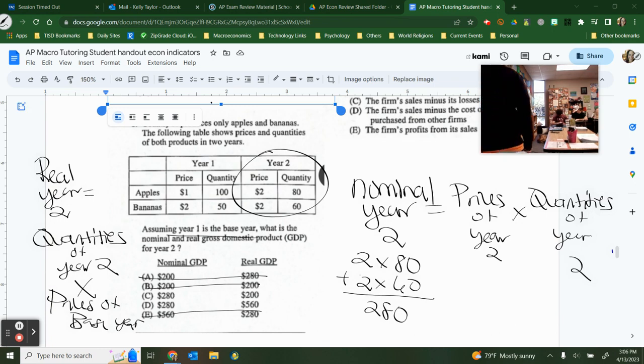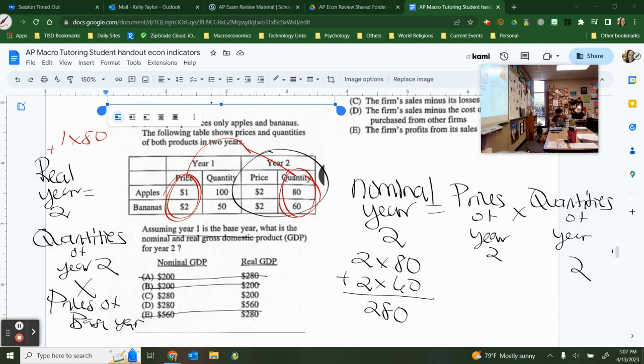I'm going to just say generic base year because that applies to every question. I'll change colors here. This is going to be the prices of year 1 times the quantities of year 2. So it's going to be 1 times 80 plus 2 times 60, and that is going to be equal to $200, which makes C our answer choice.